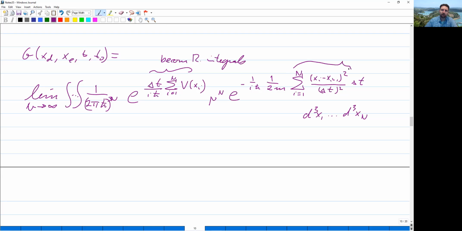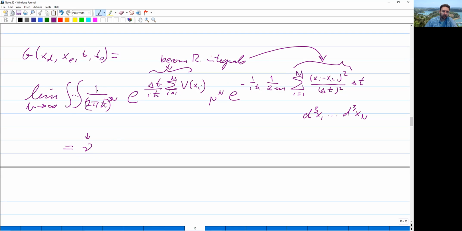Same here, this one as well. This and that, they become Riemann integrals. And therefore, the Green's function can be written, and we are now arriving at the grand finale of Feynman's calculation here.